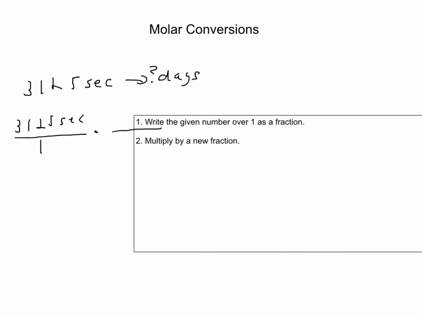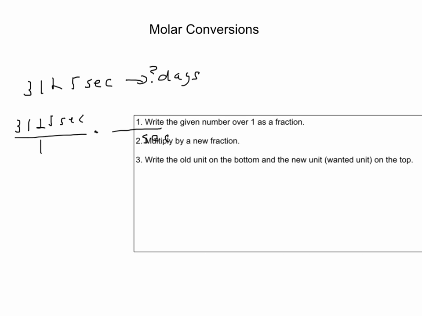Next, we write the old unit on the bottom and the new unit, also the wanted unit, what we're looking for, on the top as the numerator. So in this example, the old unit is seconds, and the new unit that we want to find is days.